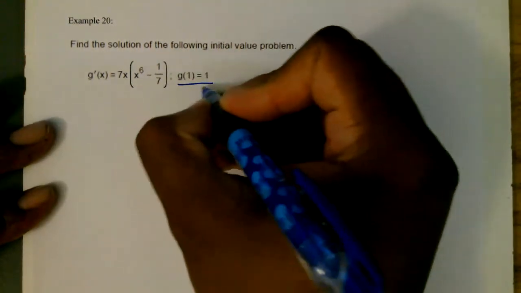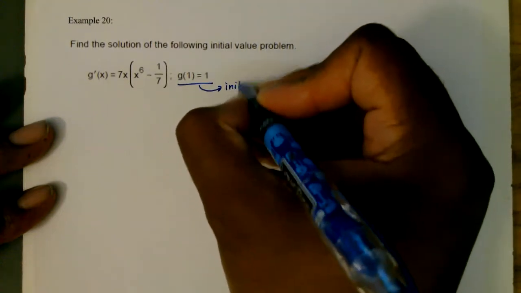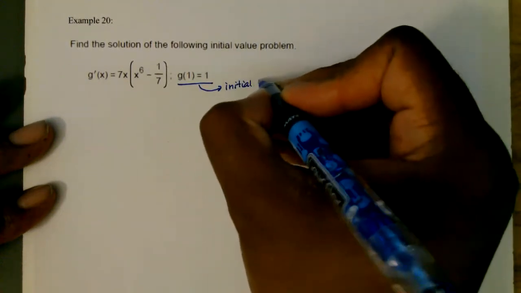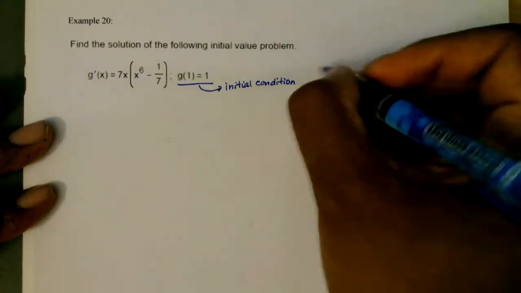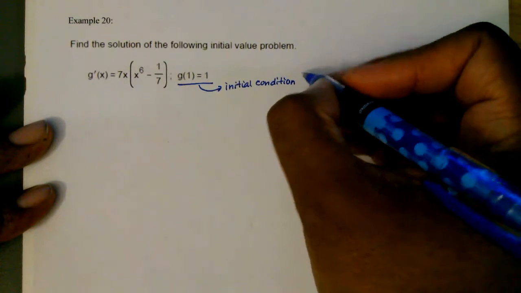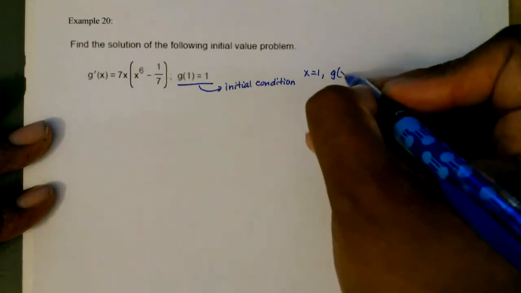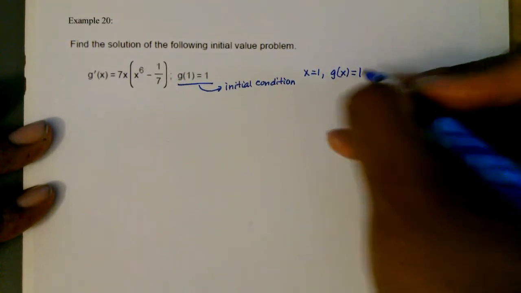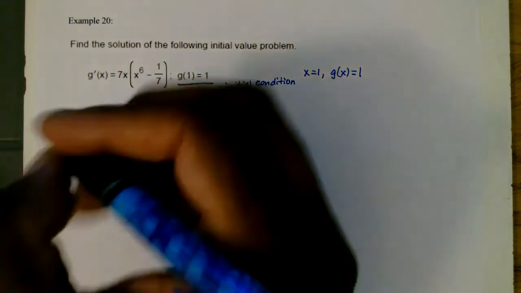So here's our initial condition, g of 1 equals 1. Since we're dealing with x equal to 1, that means g of x has to be equal to 1. But let's find out what g of x is.